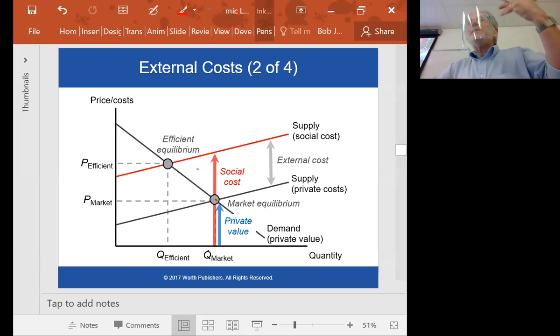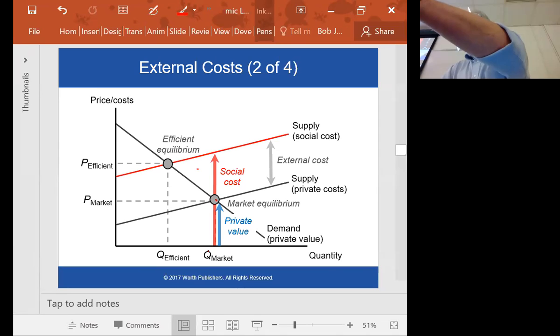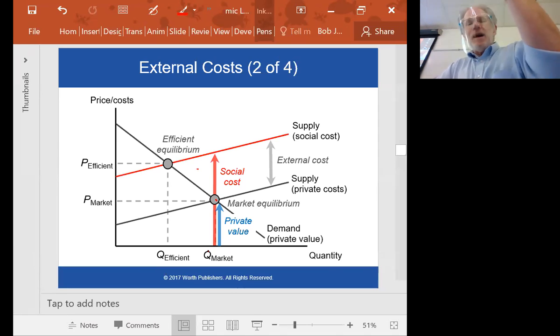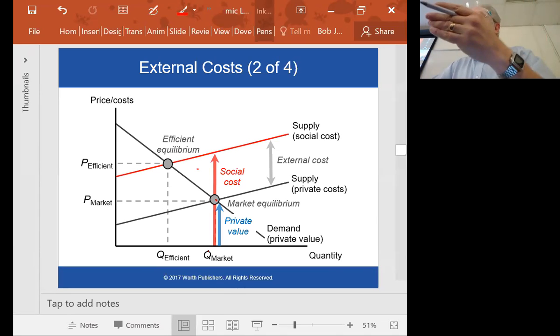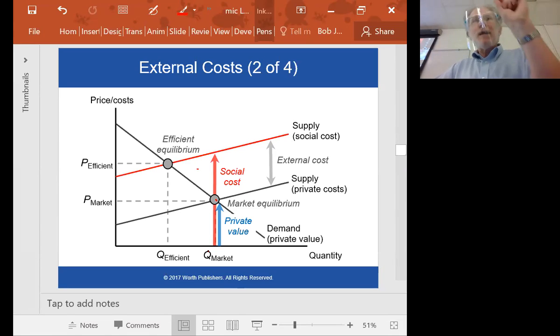So really the question is, how could we get the price to reflect this cost that's being left out? Okay? And one way to get the producers to recognize the cost is to impose a tax on them. Okay? And if you know exactly the amount of the external cost, this is a solution that would work very, very well.